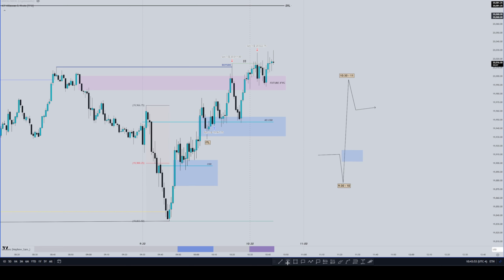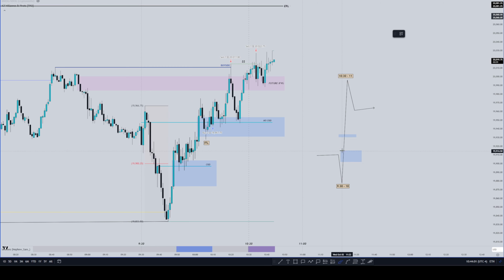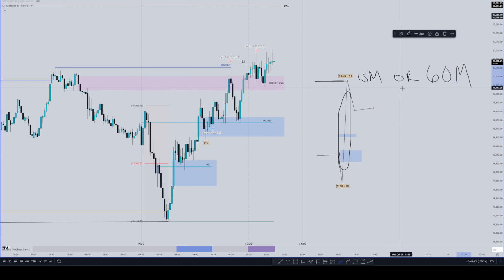I just want to see if your fair value gaps on the way up hold until time of day. We're just looking for an entry in this chunk of the leg to capture all of this, preferably exiting around high of day. And this will be a 15-minute or 60-minute PD array, and around 10:30.